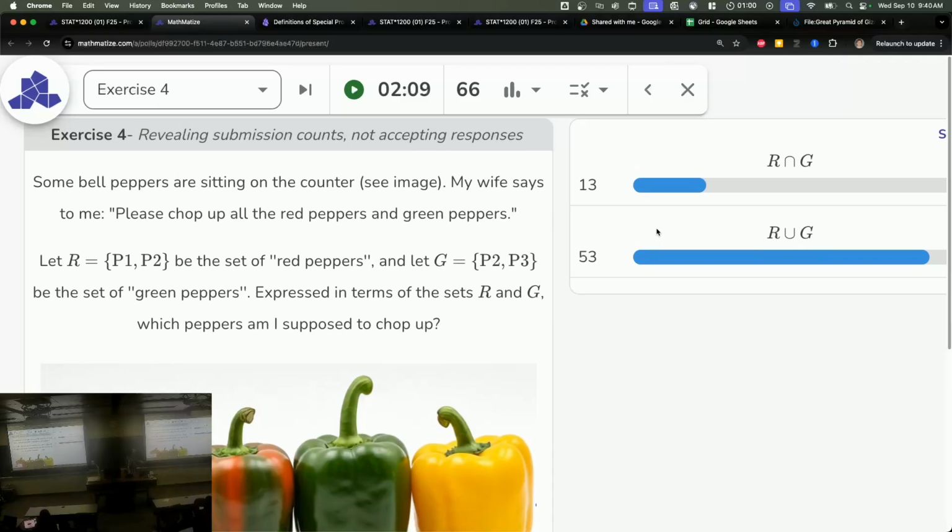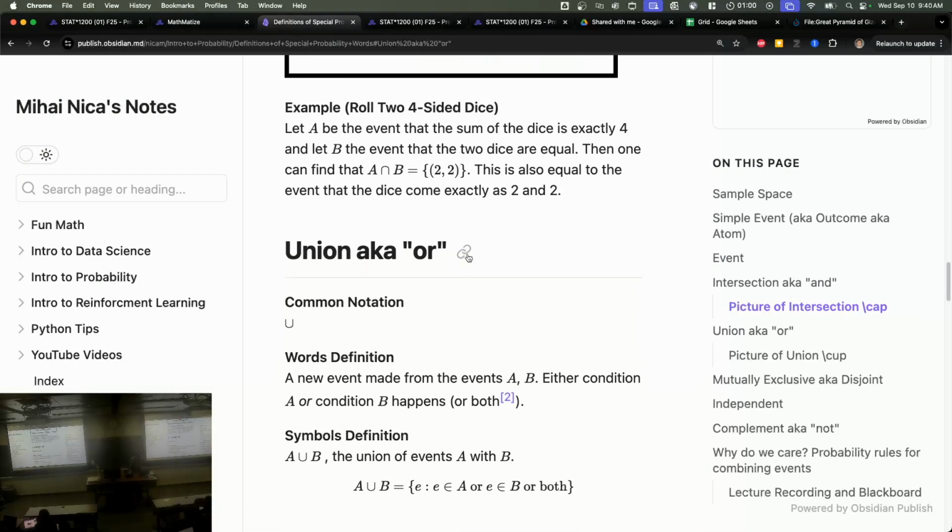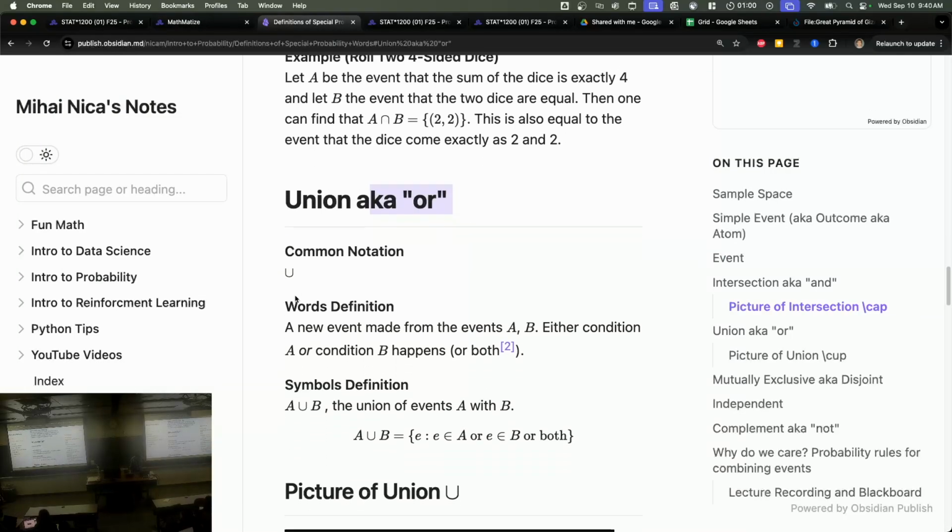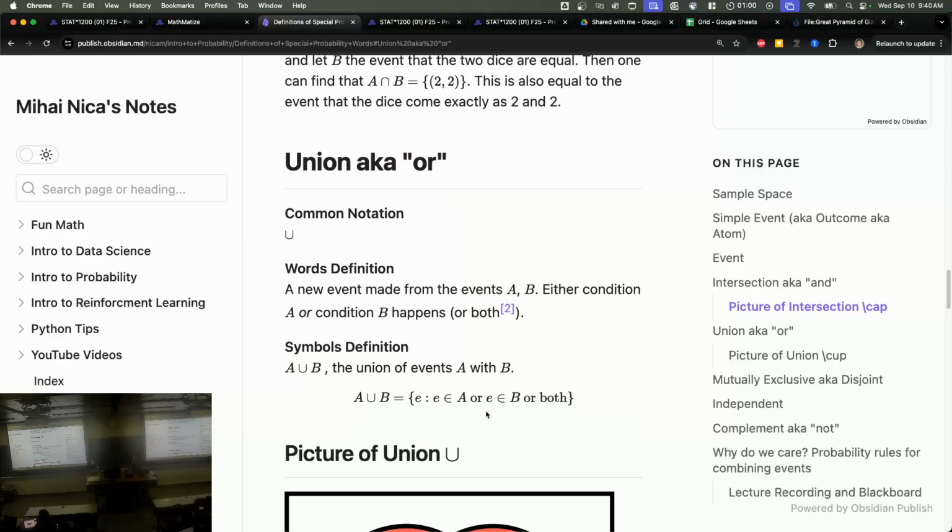All right, so big shift. Before it was split pretty 50-50, and now there is a big majority on the union. And if you remember, the union is the one with or. So if I go to the definition, it says union, also known as or, and it has this U symbol, and it is the thing of red or green or both.